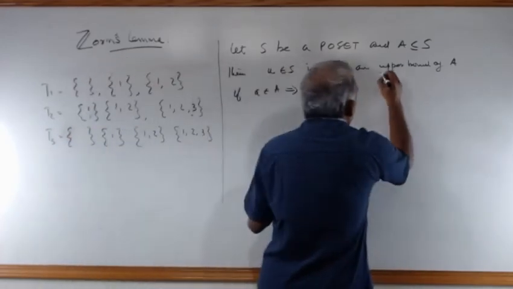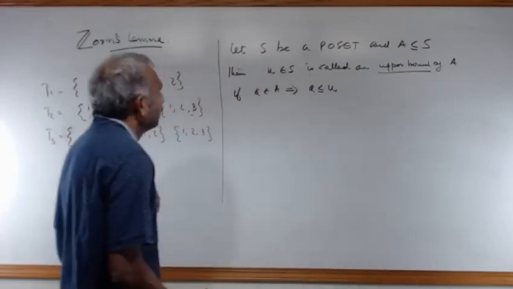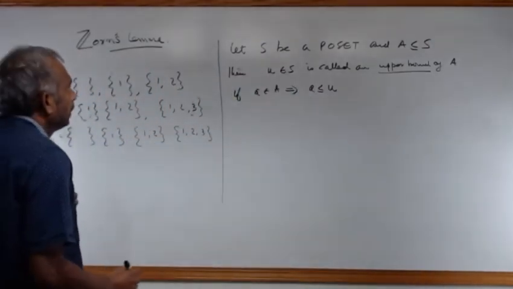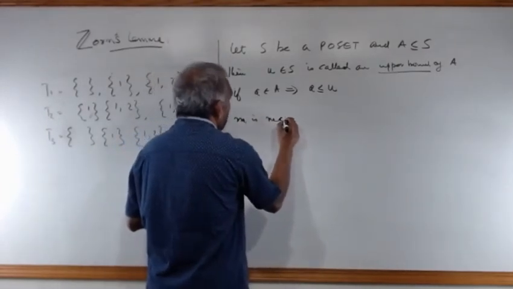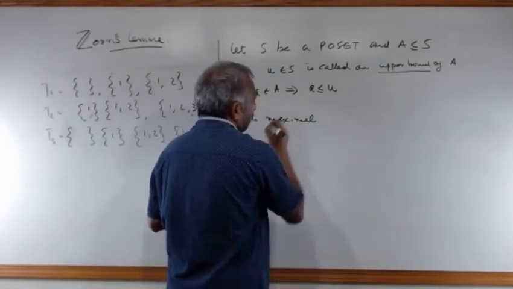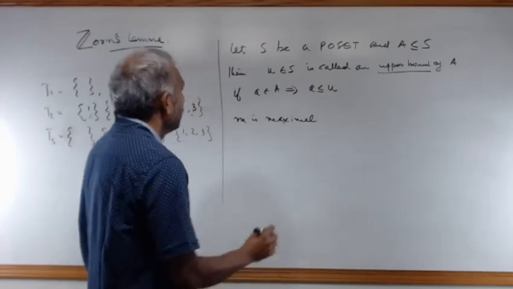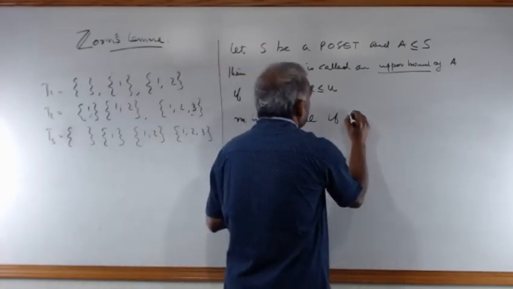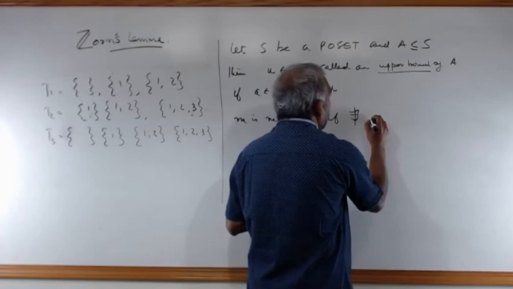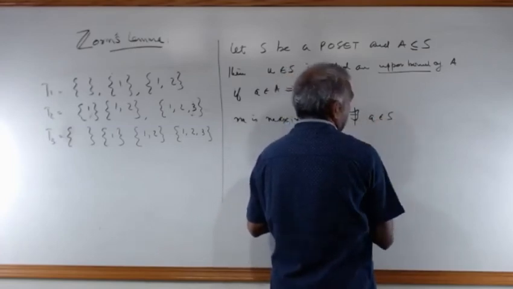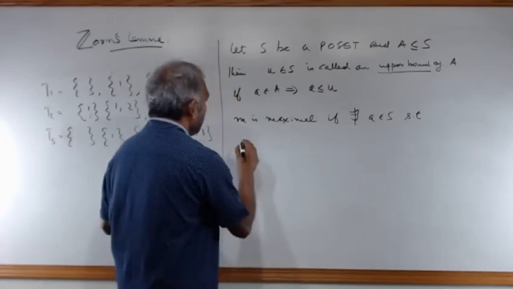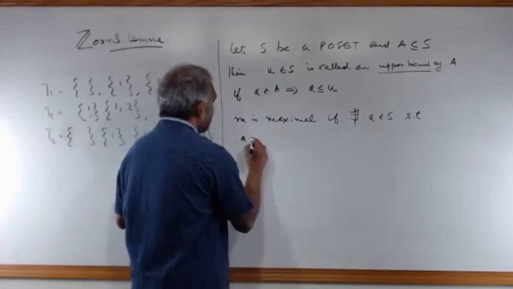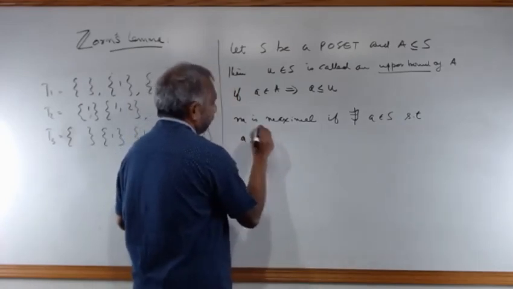It's called upper bound. Now, m is maximal if there exists no element a in S such that a is greater than or equal to m.